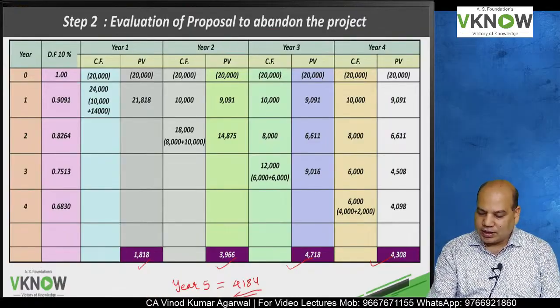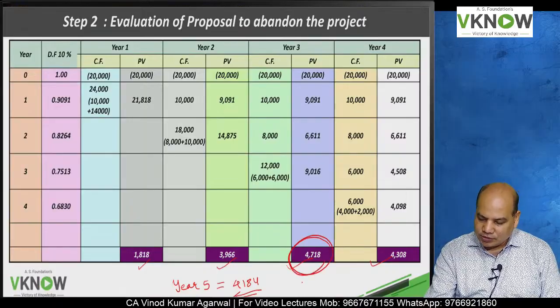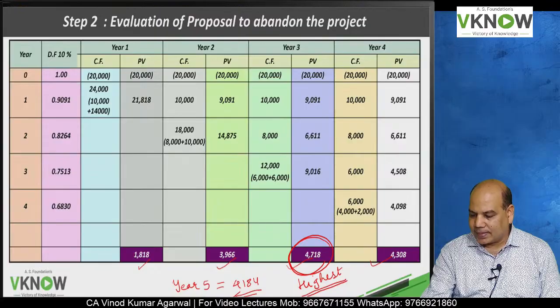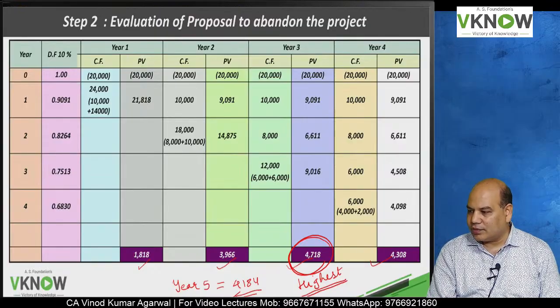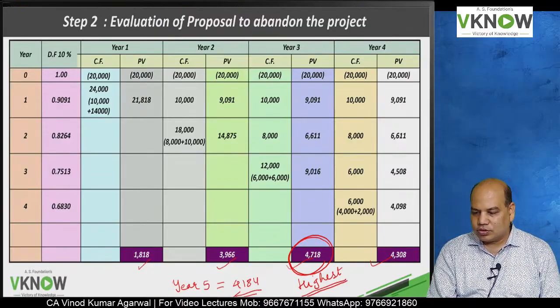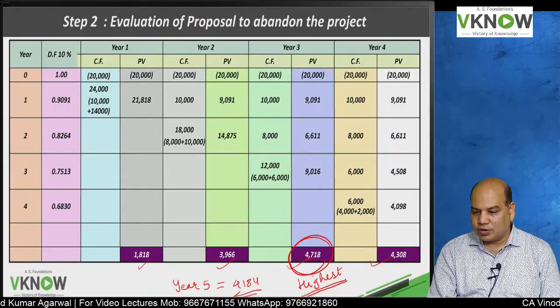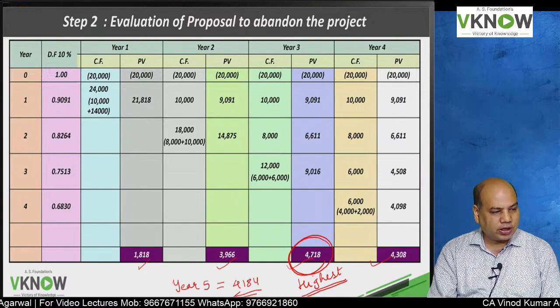Which NPV is highest? Can you see 4718 is highest? So the answer is, you should terminate the project at the end of year 3.